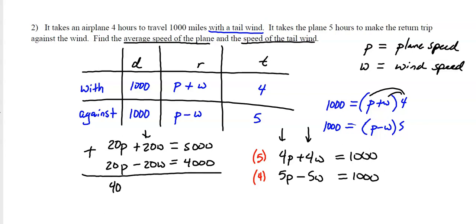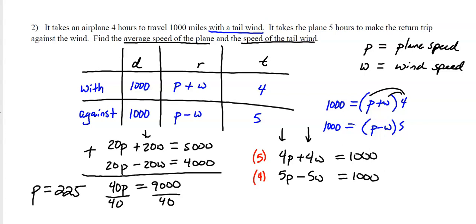And we'll have 40P equals 9,000, and divide both by 40. Divide by 40, divide by 40. And I'm going to get P equals, and let's kind of crank this out. 9,000 divided by 40. 225.